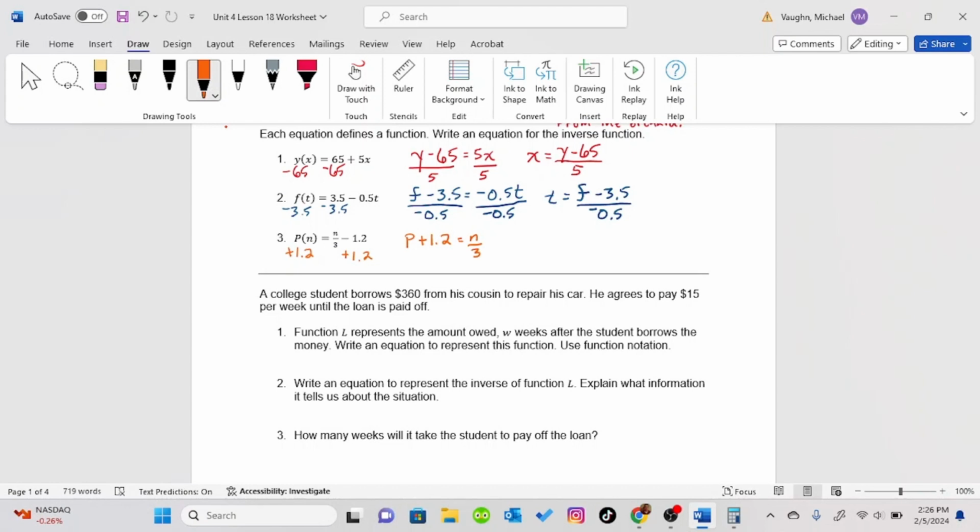Now to get n by itself, we will multiply both sides by 3. And now we have the inverse function n equals 3p plus 3.6. So an inverse function solves for the opposite variable.